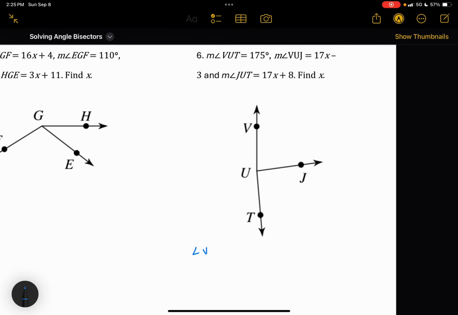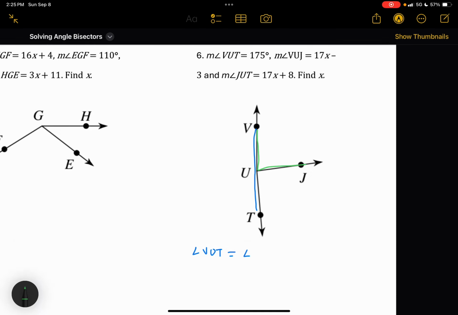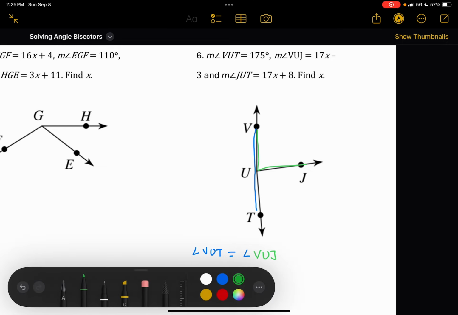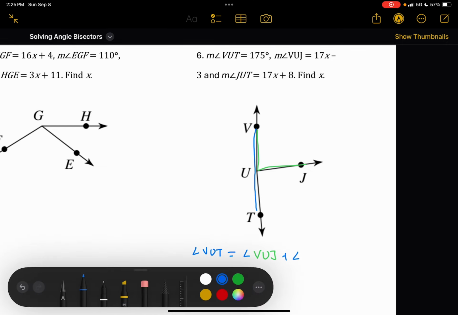So we have angle VUT. So that's this angle right through there is equal to angle, let's switch colors, VUJ. And to that, we are going to add angle JUT. So this part, oops, not in blue, in red.